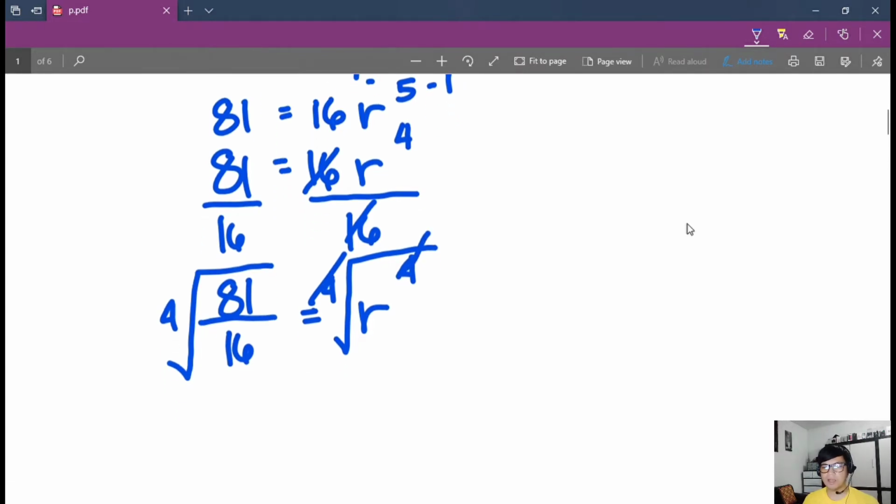So r is equal to, what is the 4th root of 81? The 4th root of 81 is 3.